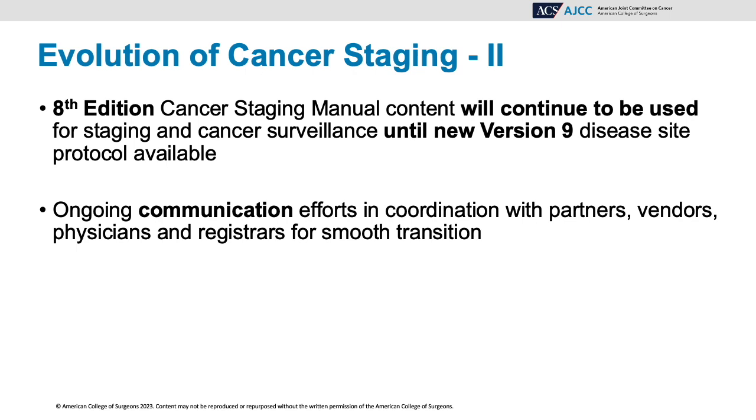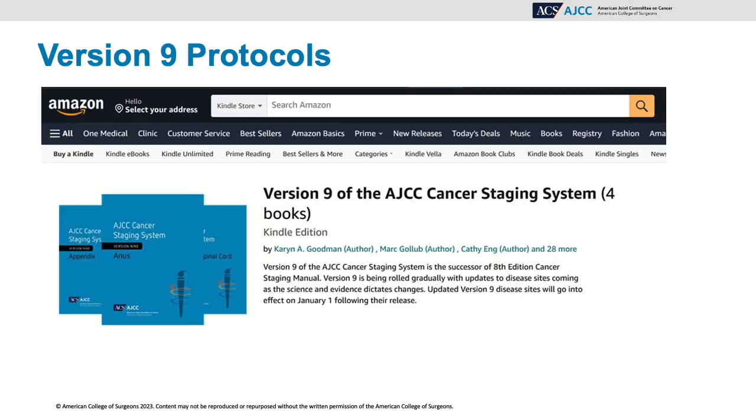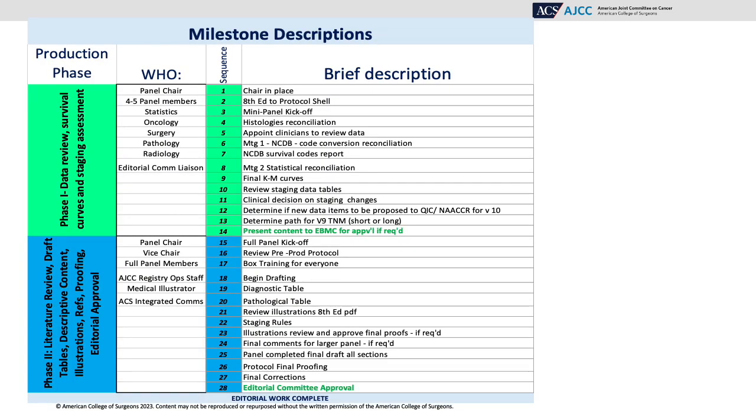So the evolution is we will use the 8th edition until the version 9s are available for each disease site. And we will continue to communicate with everybody about when these things are available. Unlike before, you can now buy the version 9 of the AJCC for each disease site, and it's available on Amazon for a very reasonable price.